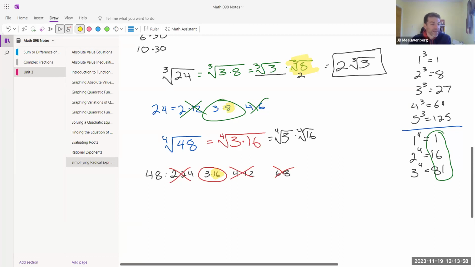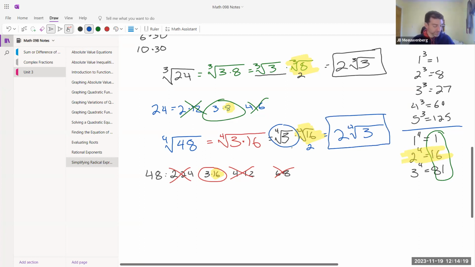We know, based on this over here, that the fourth root of 16 is what? 2. And so we will say that this is 2 times whatever's left, the fourth root of 3. 2 times the fourth root of 3.